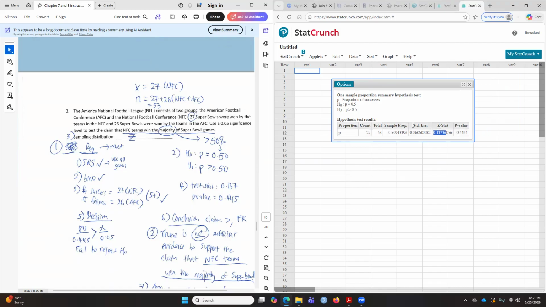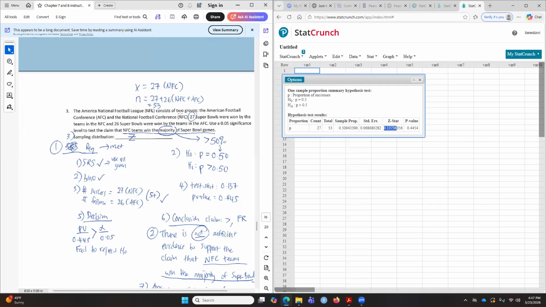The standard error uses a formula that we calculate, so don't worry about it. The sample proportion is p hat. If you take 27 divided by 53, you get 0.5094. That is p hat, the sample proportion, or what we call the best point estimate. So this is how we use StatCrunch for a hypothesis test for a population proportion.